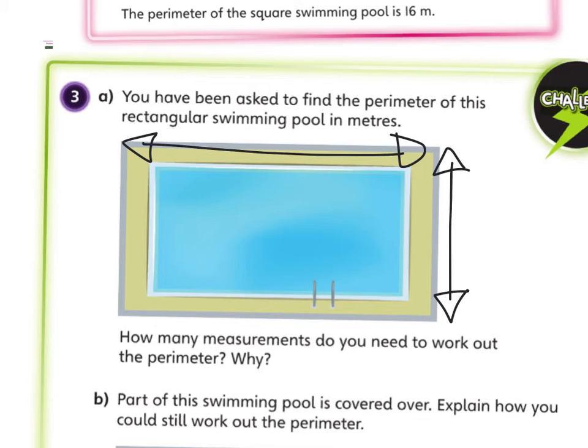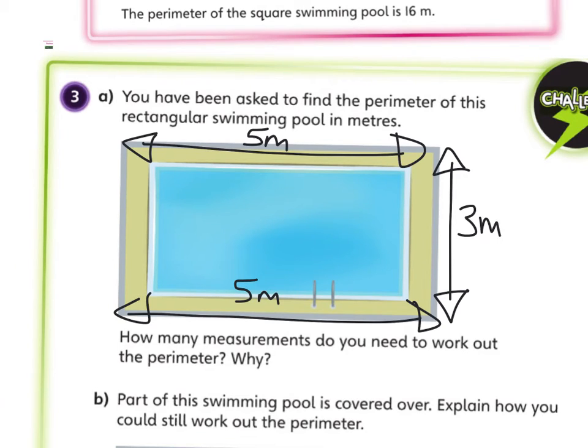So for example, if it was 5 meters long, this side would also be 5 meters long. And if your width was, for example, 3 meters long, this width would be 3 meters long too. So the only measurements you need to know are the length of one side and the width of one side.